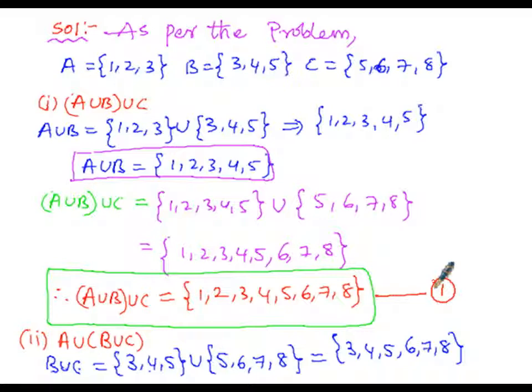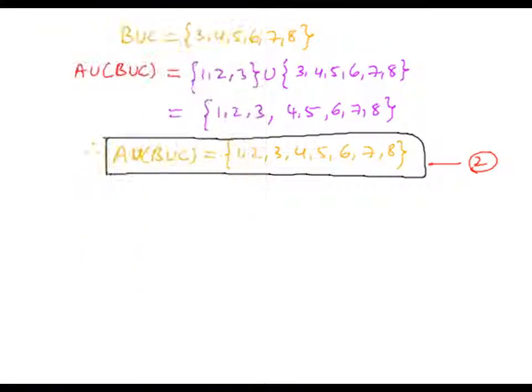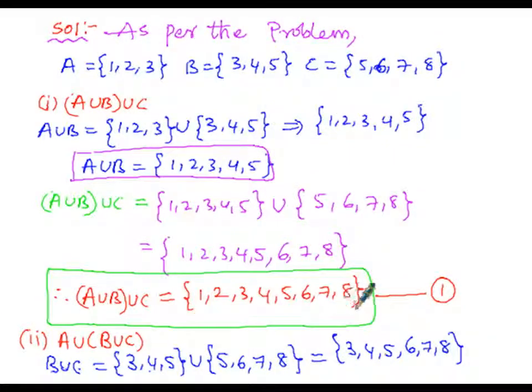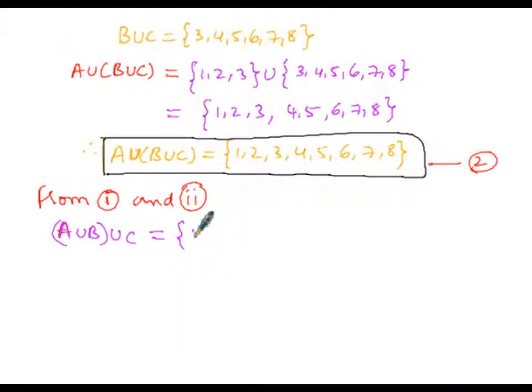So from 1 as well as 2, the first one is A union B union C equals 1, 2, 3, 4, 5, 6, 7, 8. So this is our first one.